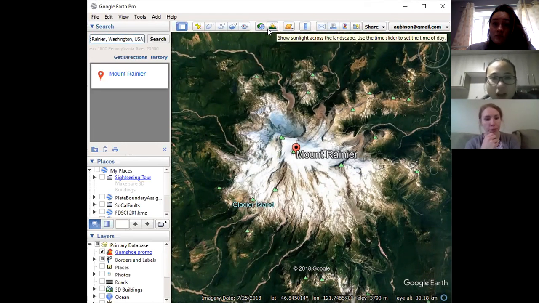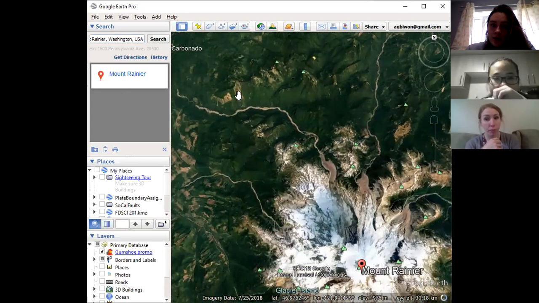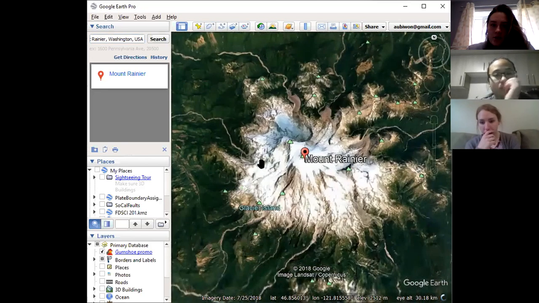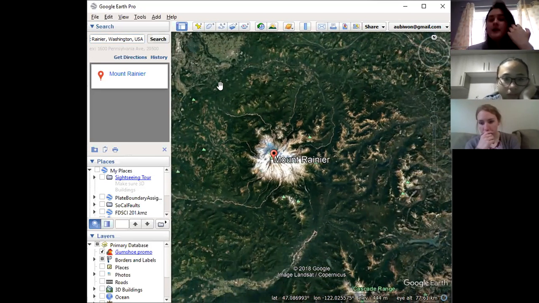But the question is, how do you decide where the mountain ends and where it begins? I'd say the elevation. You see around this region, can you see my mouse? Yeah. Okay, so I'd say if you just look at the topography, you can kind of see where the elevation levels out, maybe.